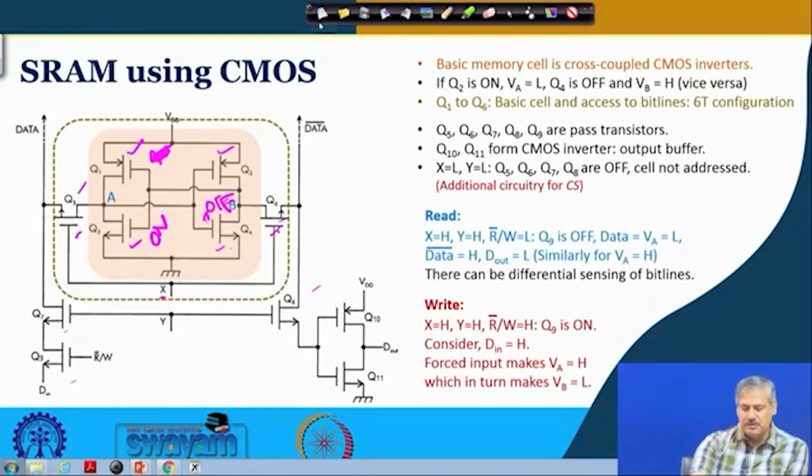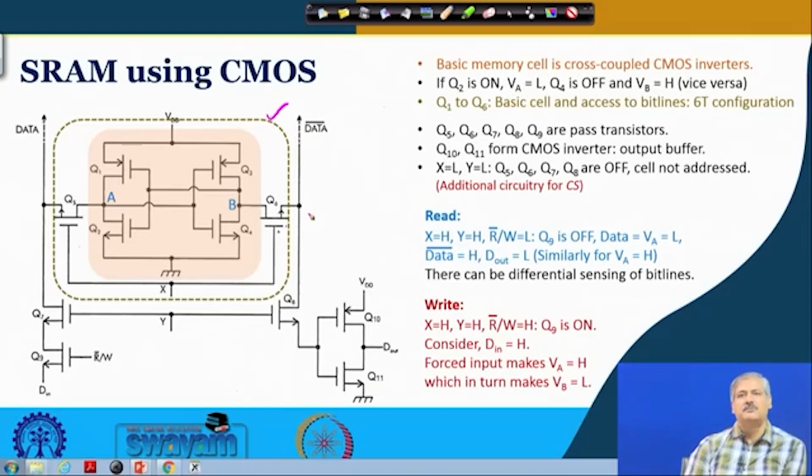Okay. So, overall this memory cell and two of these transistors providing access to the data line are often put together and termed as the 6 transistor configuration for CMOS SRAM.